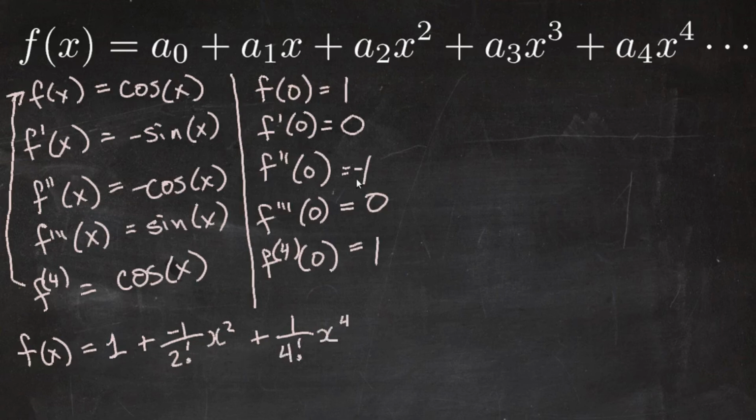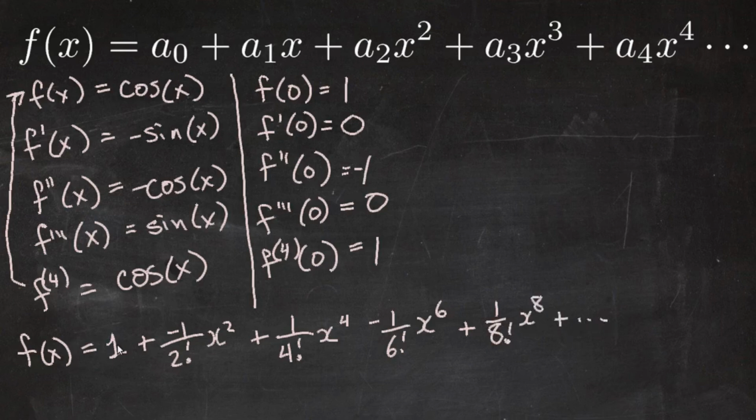I know all my odd numbered terms are going to be 0, and when I take the sixth derivative, I'll have 4, 5, 6, gives me a negative again, so I have negative 1 over 6 factorial, x to the sixth. So I've got plus, minus, the next one will be plus, and 1 over 8 factorial, x to the eighth, plus dot dot dot.